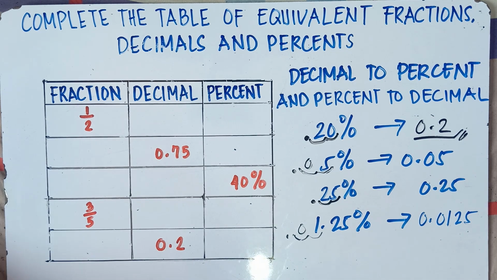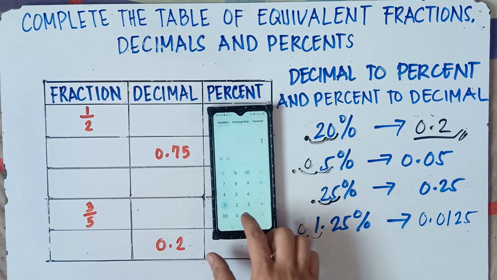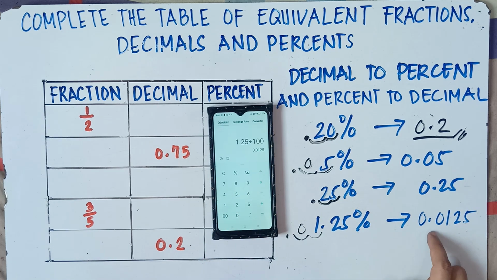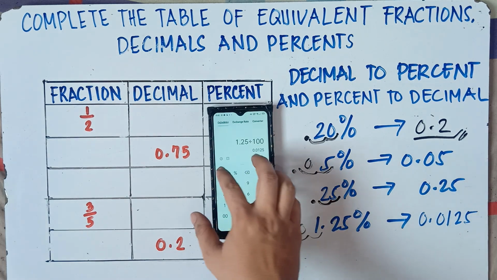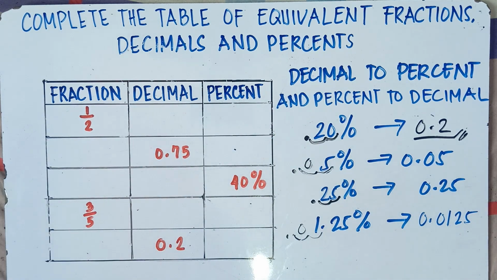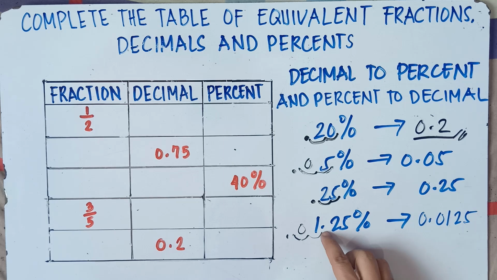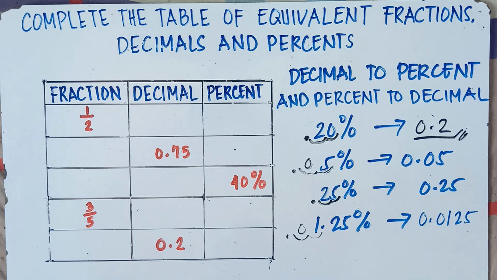Or you can check your calculator. 1.25 divided by 100. Of course, you will get 0.0125. But once again, class, it will take time if you use your calculator. If you're just converting percent to decimal, just simply move the decimal point, class, right to left twice.